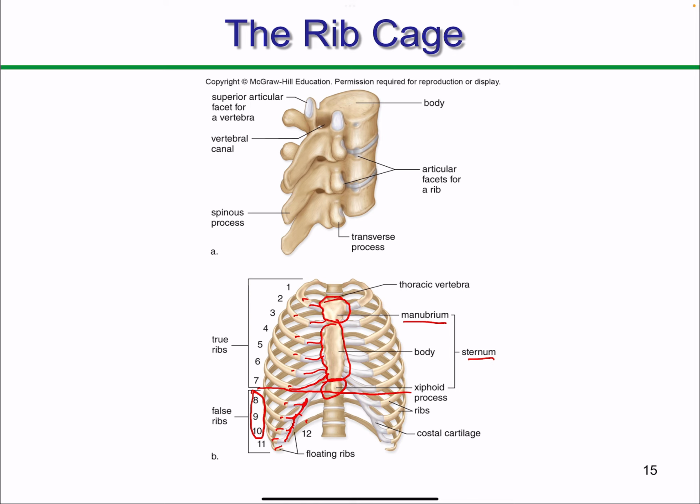Actually, these 3 pairs are attached to the hyaline cartilage of the 7th rib pair. So these 3 pairs are not directly attached to the sternum, but they are indirectly attached to it. That's why they are called false ribs.